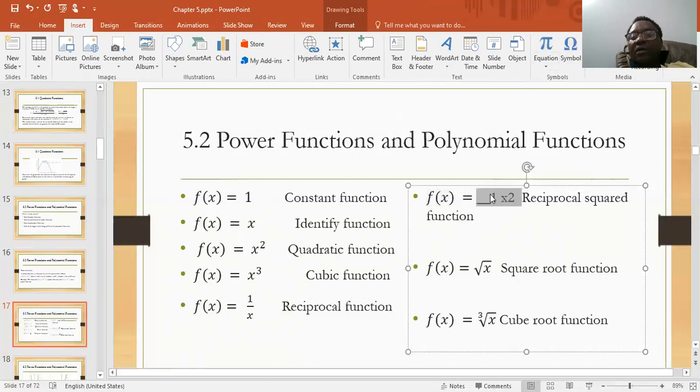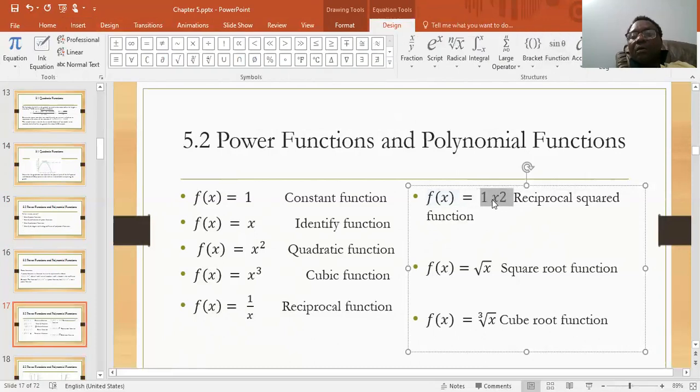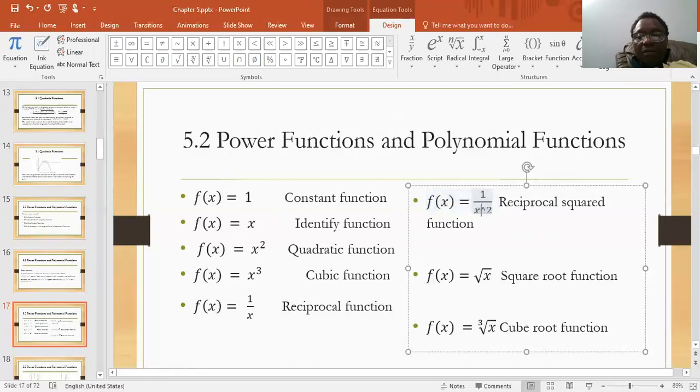Let me fix this. 1 over x squared is the reciprocal squared function. It's also a power function. f of x equals square root of x is a power function.